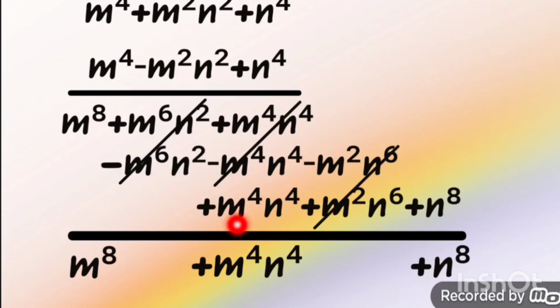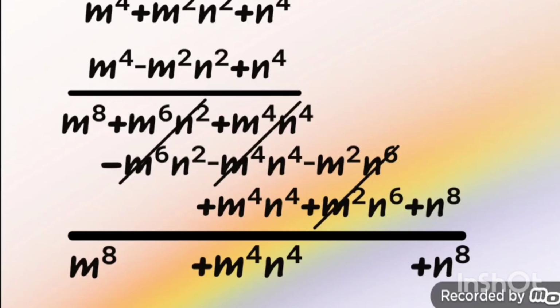In the answer, the term will be m raised to power 4 and n raised to power 4. Again, these two terms will be cancelled out because these are the same terms with opposite signs, and m raised to power 8 will be written in the answer.